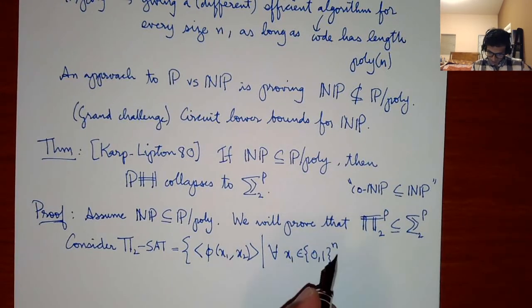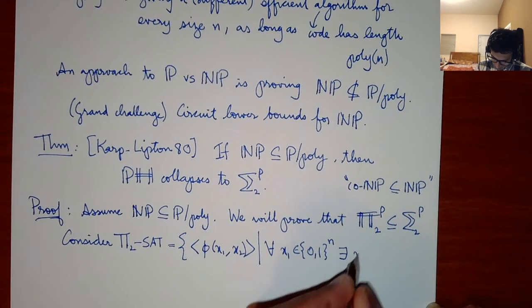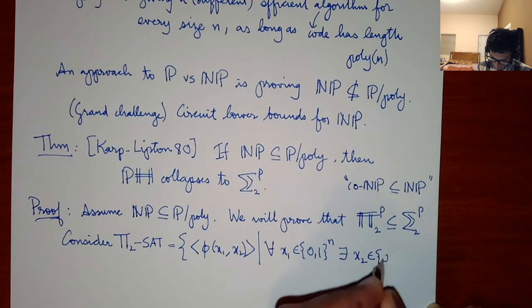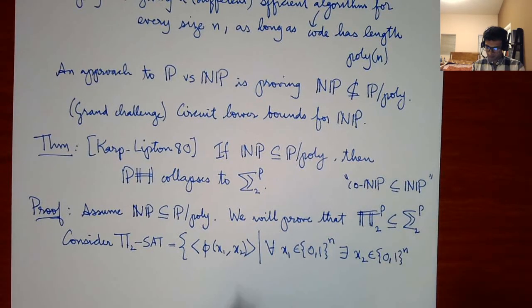It's basically some polynomial in the encoding length, and you could think of this as being some polynomial of n, so it's all the same, such that there exists an x2. We can just assume that these lengths are the same because you can make one longer than the other and it can ignore those variables.